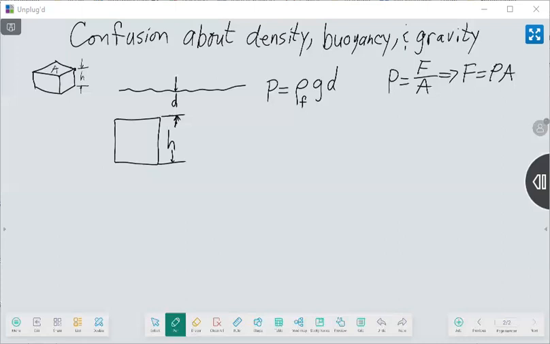So the total force, which we'll call the buoyant force, is going to equal the force on the bottom pushing up, minus the force on the top pushing down.